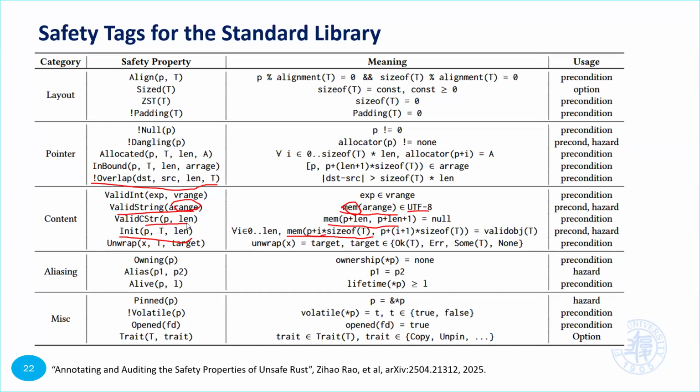For the C string, the last unit of the memory, p plus length, should be empty. So this mem function returns a byte here? Yes, the byte. Yeah.